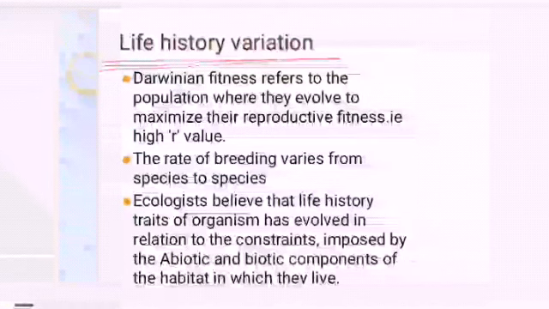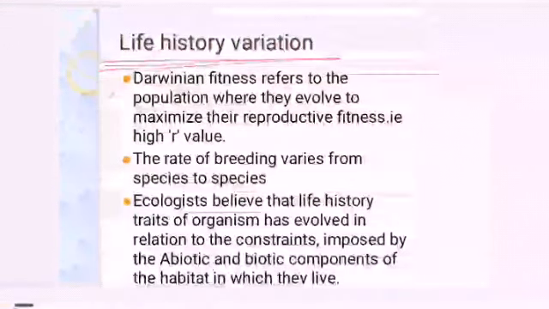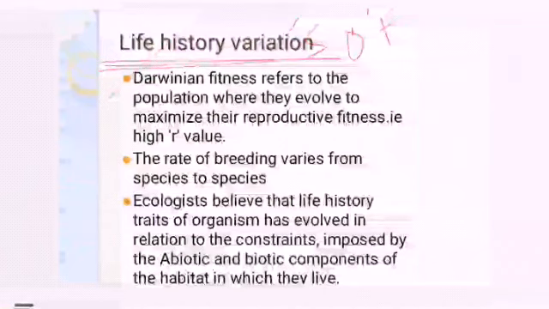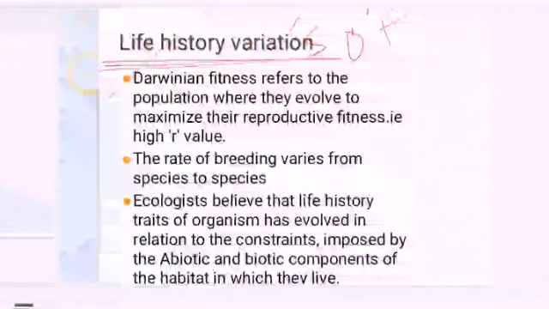There was a scientist, Charles Darwin, who put forth survival of the fittest. It refers to the one who is fit will survive and the one who is weak will die. It is common in a competition: who is fit will win, and one who is not fit will lose.